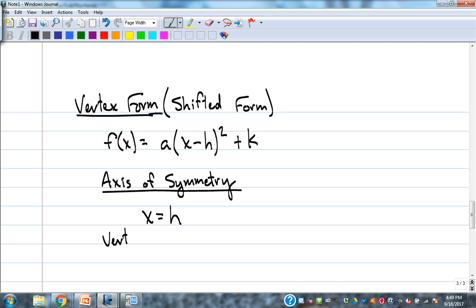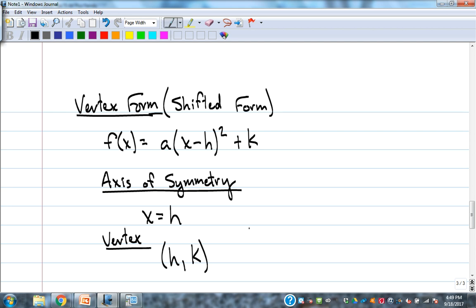There's no work involved. The vertex: if the axis of symmetry is h, then the x value of the vertex has to be h. The y value of the vertex, it's right there. It's k. (h, k) is the vertex. We'll look at one with numbers in it in just a minute.